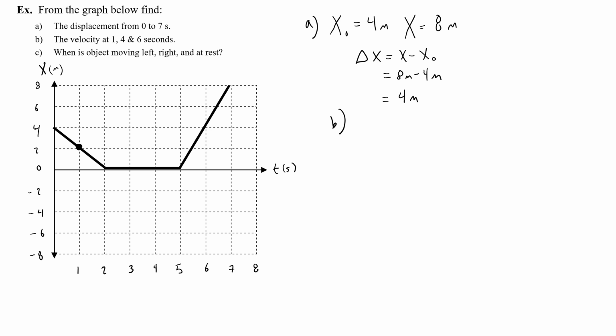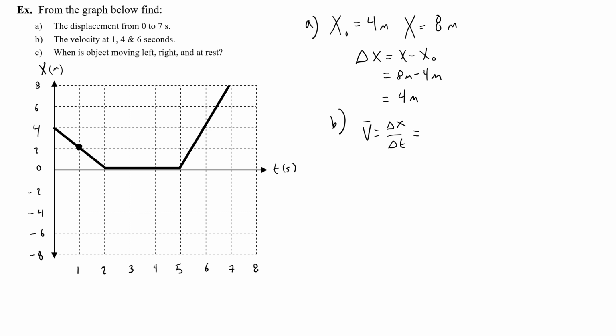So if I find the slope at any point on that line or between any 2 points on that line, then I can say what the slope at 1 second is. And remember, slope on a position versus time graph is velocity, because the change of x over the change of t. So I just need to pick 2 points on this graph and then divide it by the times. Or we can think rise over run.